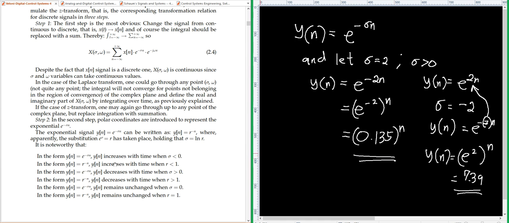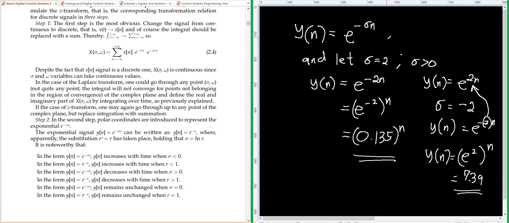So it states here that if your lambda is less than 0, which is negative, then your yn increases. It becomes bigger. Because if we let n as an example be 0, then e to the 0 is equal to 1.